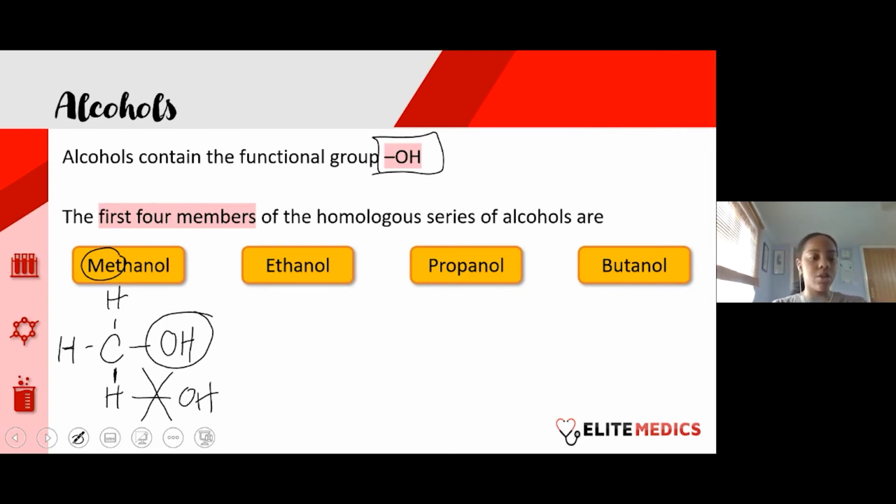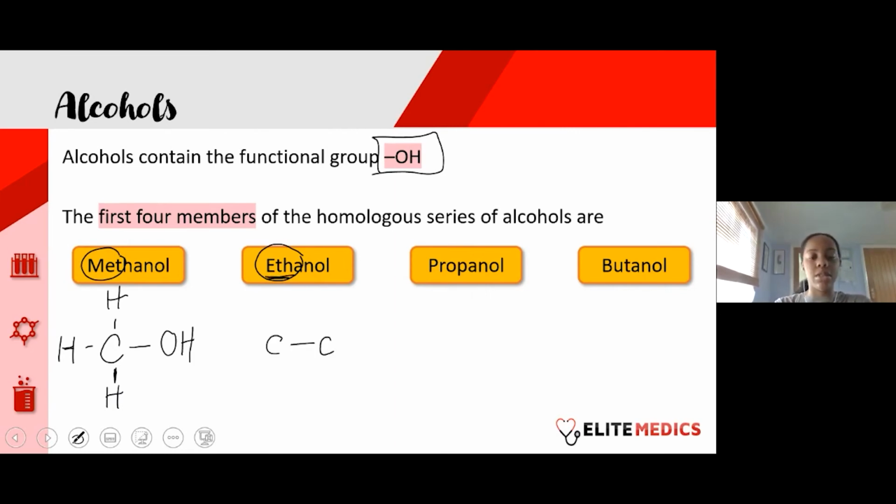So what I'm going to do is take you through this again for ethanol. And then I'm going to give you guys a couple of minutes to draw out what you think propanol and butanol are going to be. So we're going to take this through again with ethanol. Ethanol starts with eth, so we know that it's going to be 2 carbons. So let's start off with those 2 carbons there.